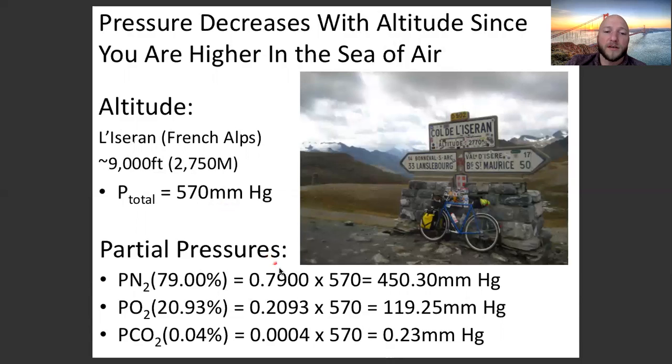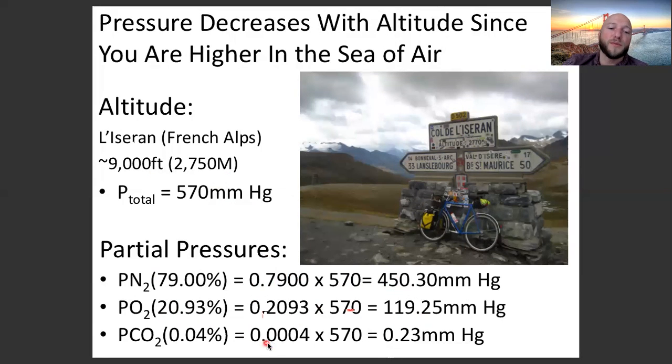So we've got the percentage, so 0.79 for nitrogen times 570 for the total pressure gives us a partial pressure of nitrogen of 450.3. For oxygen, 20.93%, so 0.2093 times 570, which is the total, gives us a partial pressure of oxygen of 119.5.